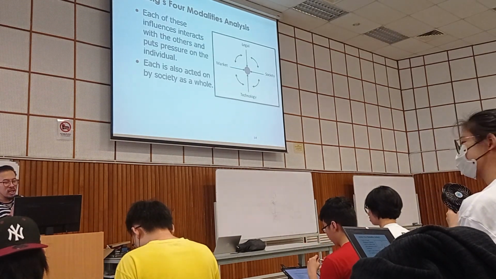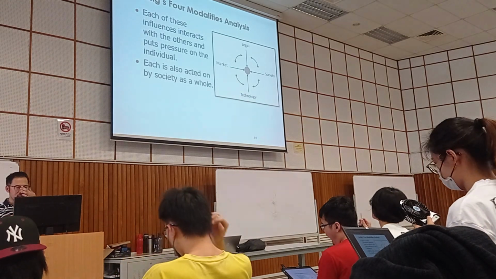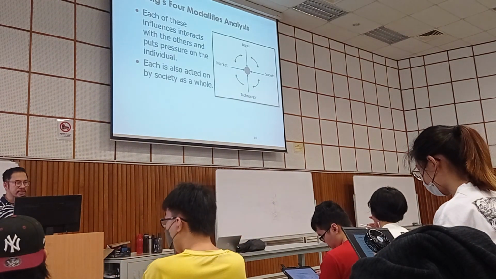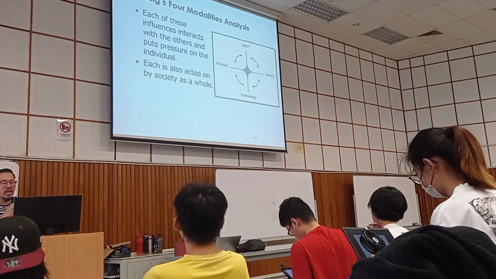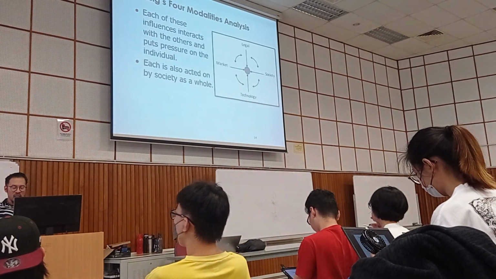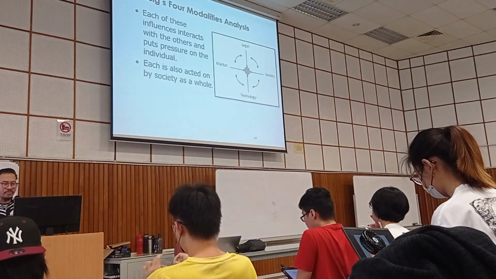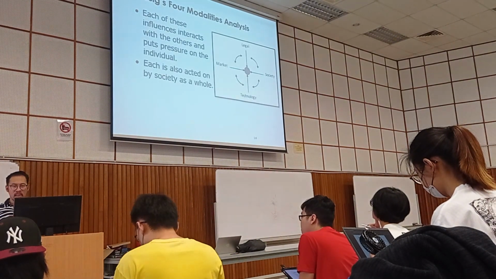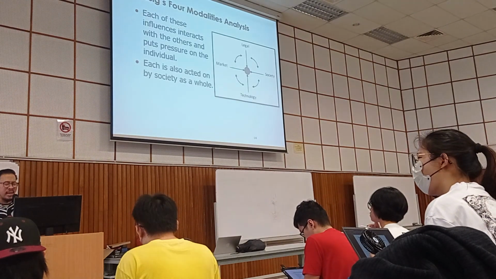Okay, so if you look at this, each of these influences interacts with the others and puts pressure on the individual. As you can see, the human will be strongly affected by all these components. And these components are all interrelated to each other, not isolated.